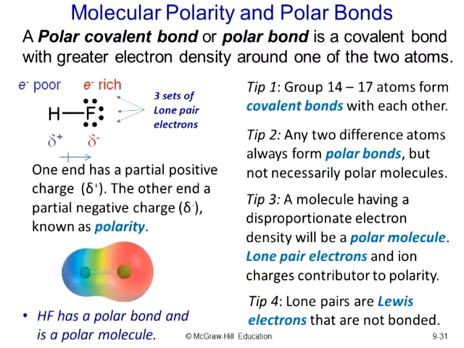So, again, polar bonds and polar molecules are those that have a higher electron density located at a particular region in the molecular structure of covalent bonds or covalent molecules.